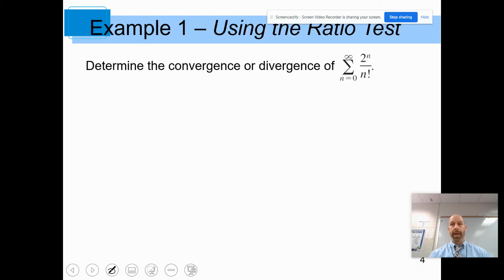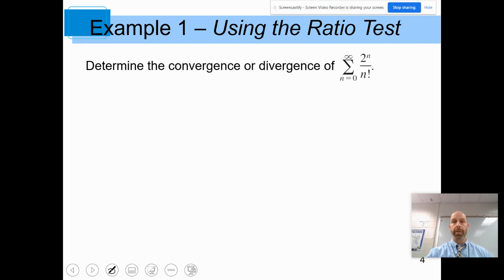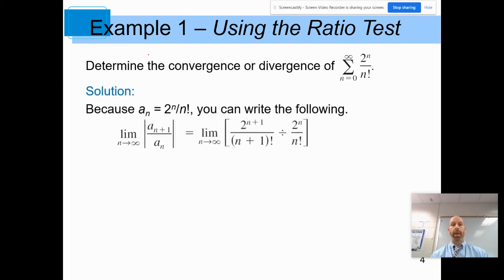So let's look at an example of using the ratio test. Here we have an infinite series, 2 to the n over n factorial. We want to figure out if it converges or diverges. First thing we want to do is note that the a sub n term is simply 2 to the n over n factorial.